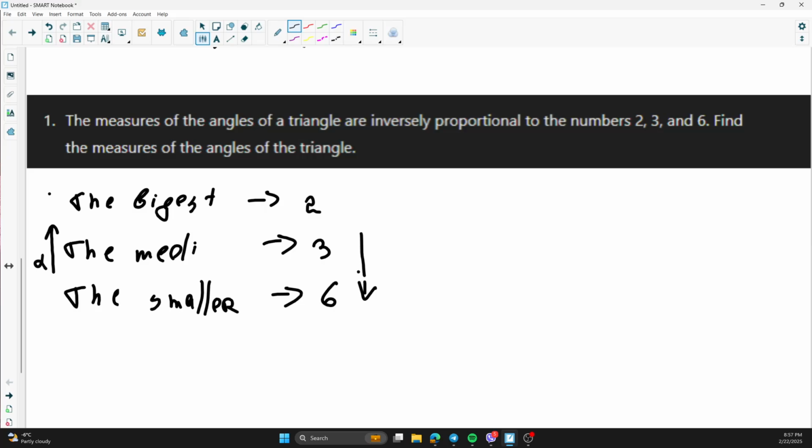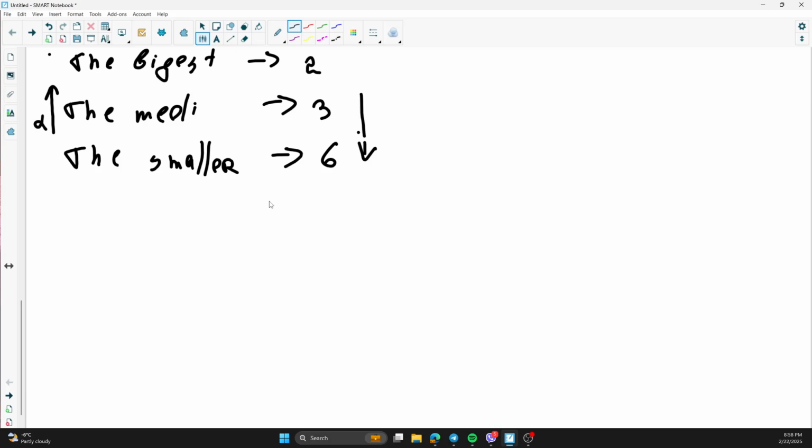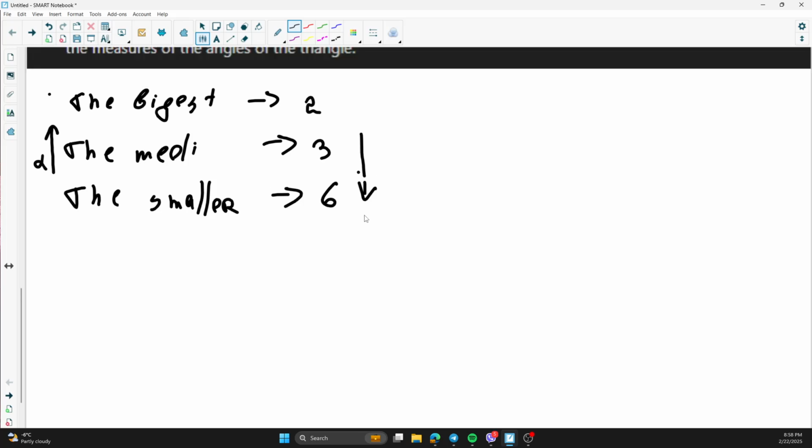Now, remember when above I told you speed times time will be equal to distance, and the distance remains the same. So the biggest angle, I'm going to call it alpha, this beta, and this gamma.